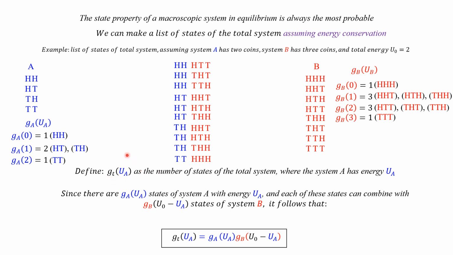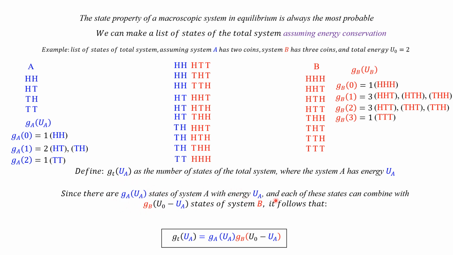So this function is the number of states of the total system having the system A with energy UA. Now, since there are gA of UA states of system A with energy UA, this statement comes directly from the definition of this function.